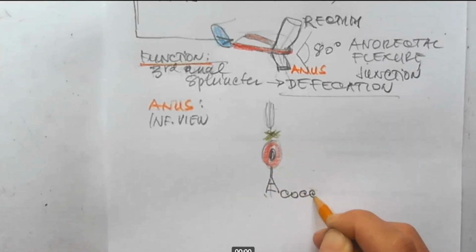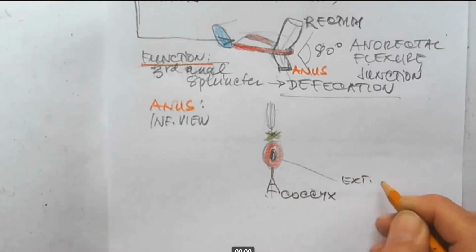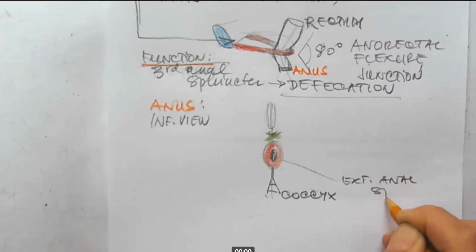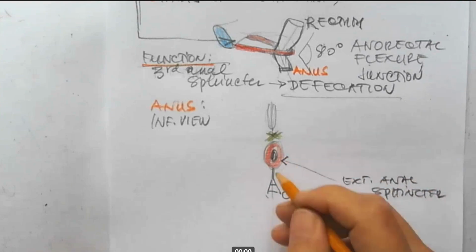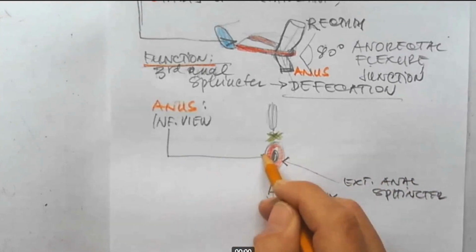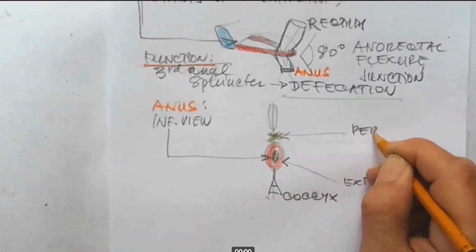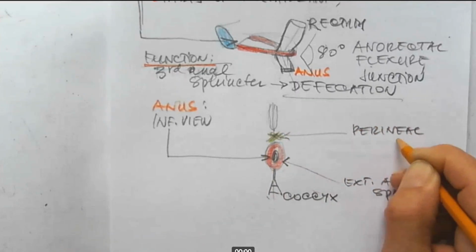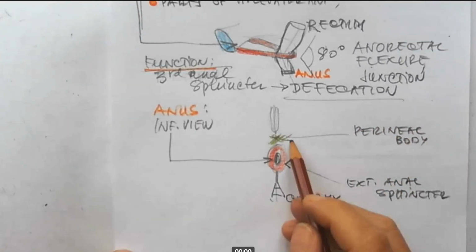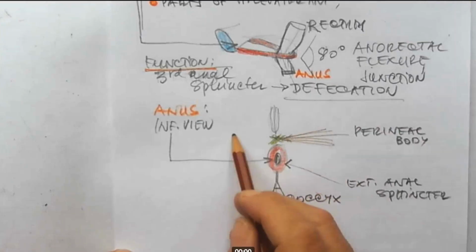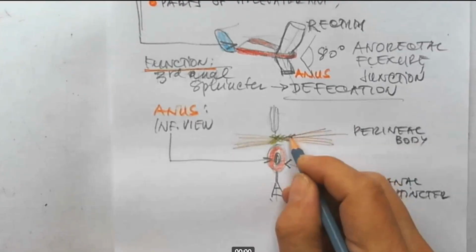This is the coccyx. Here is the external anal sphincter, the anus, and here is the perineal body, the central tendon, important for obstetricians, to which the muscles are attached, for instance the superficial transverse perineal muscle. We will not describe the muscles now.